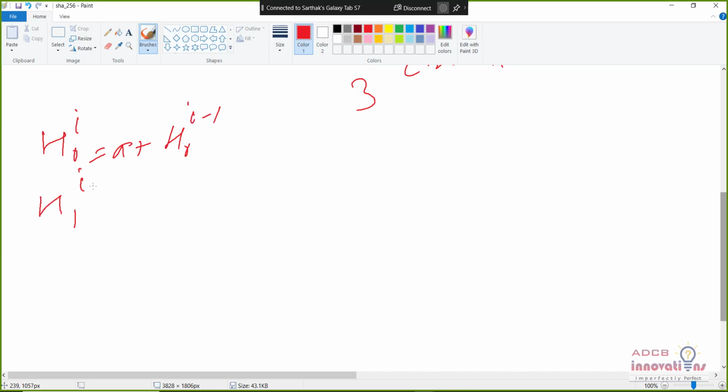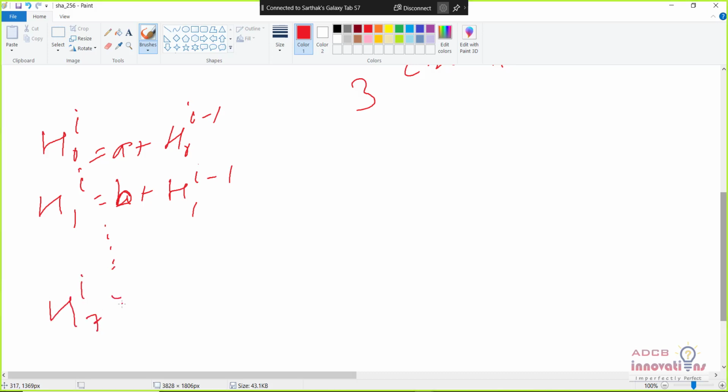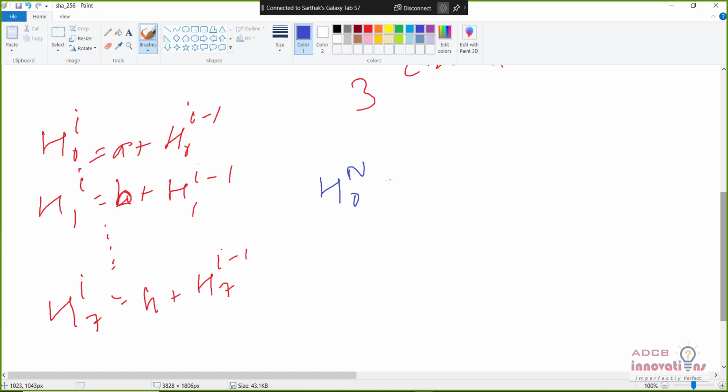Similarly, h1(i) is equal to b plus h1(i-1). Similarly, we are going to have h7(i), which is equal to h plus h7(i-1). So this is how we have it, and to get our final hash, we take hn, that is for the nth iteration.